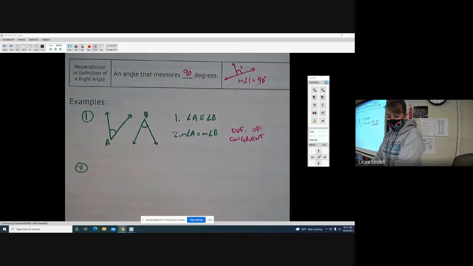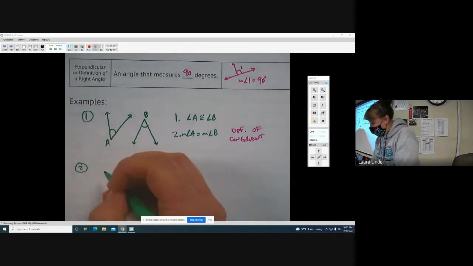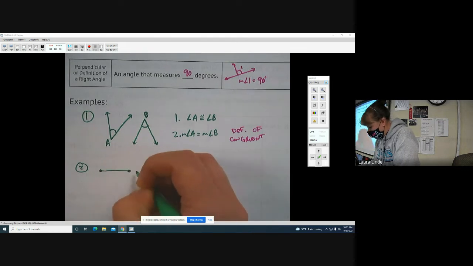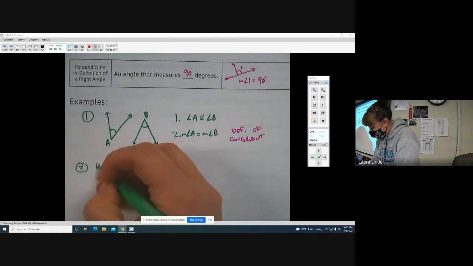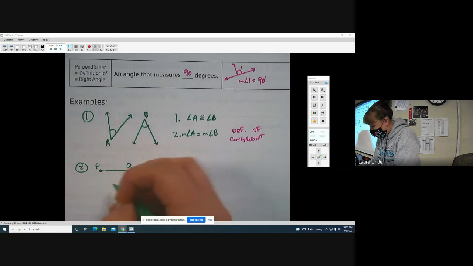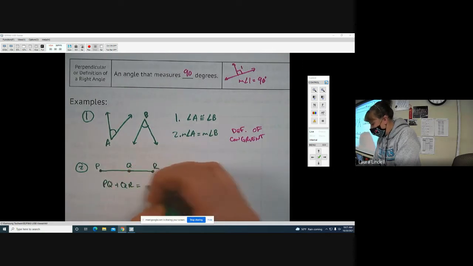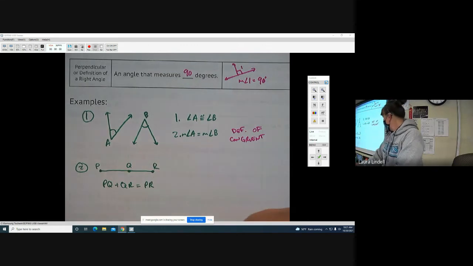Or for another one, if we've got a picture like this, and something like PQ plus QR equals PR, look through your list. What does this look like?